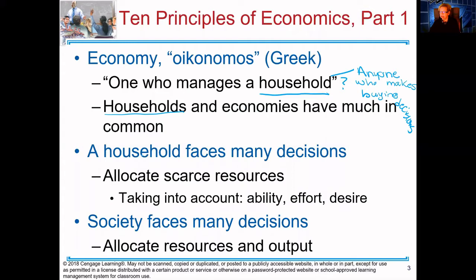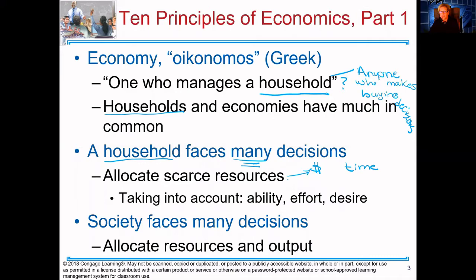Okay, to our second point. In making buying decisions, we face many decisions. And if you think about it, what are the two things that you can never have enough of? Most students will answer money, and they will answer time. These are good ideas of the scarcity of resources.